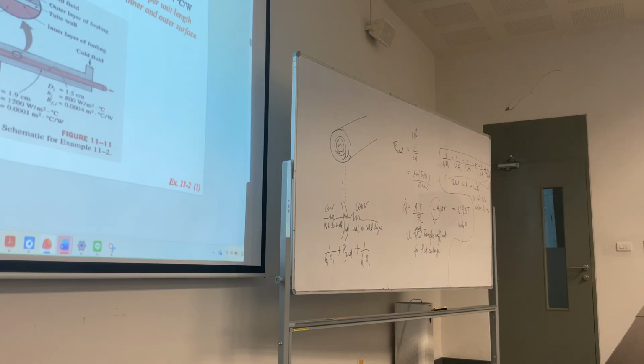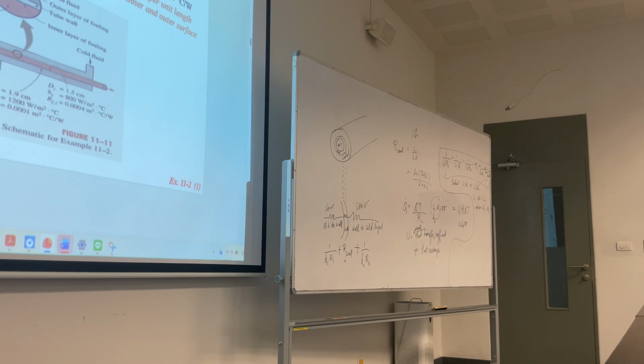The convection heat transfer coefficient is given to be 800 watt per meter squared Kelvin. This is inside, HI, I is for inside, the inner surface of the tube. HO, O is outside, is 1200 on the outer surface. There is a fouling factor, so we have to add the fouling factor when we are calculating the total resistance. Fouling factor RFI, I is inside, is given, and outside fouling factor is also given.